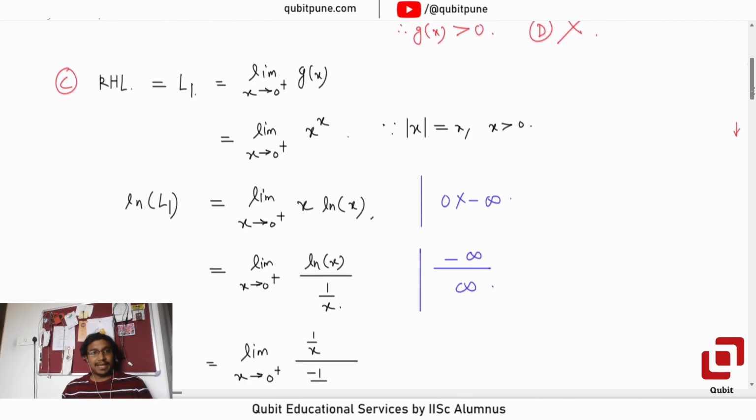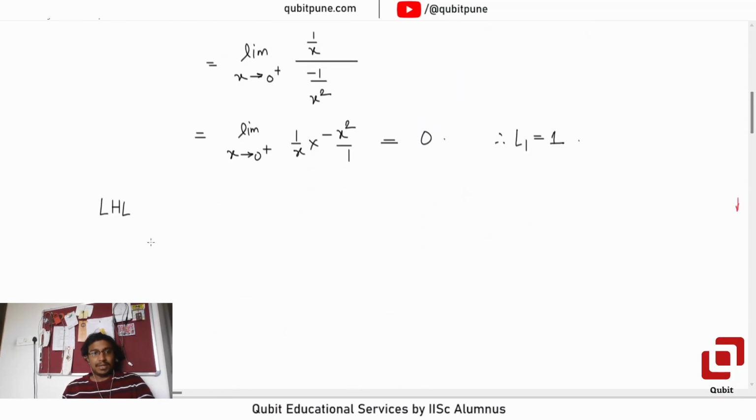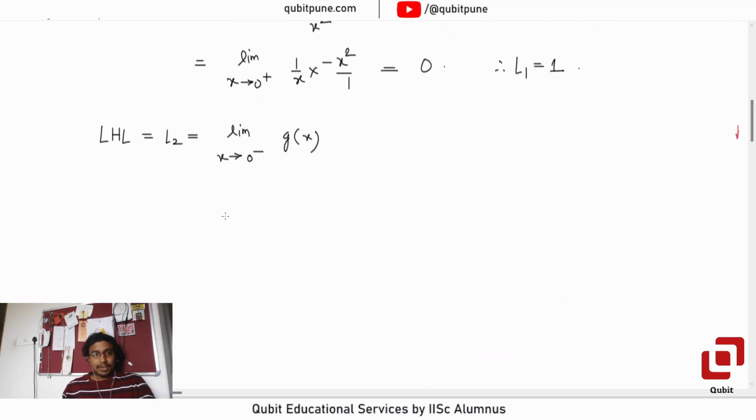Now let us go for LHL. Let us call it L2. This is the limit as x tends to 0 from left of g of x. So what would it be? Limit as x tends to 0 from left of negative x raised to x.